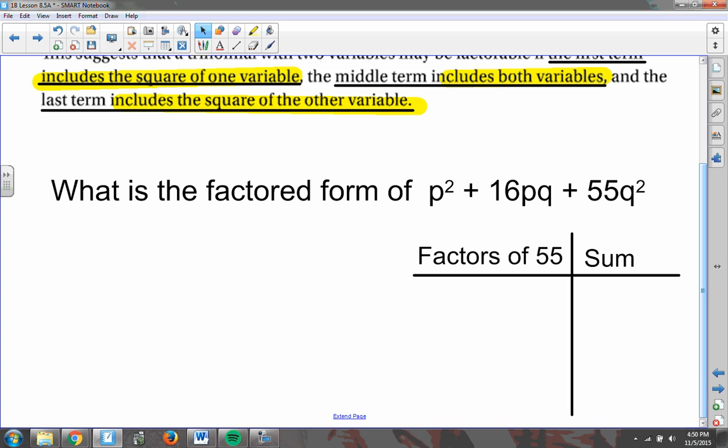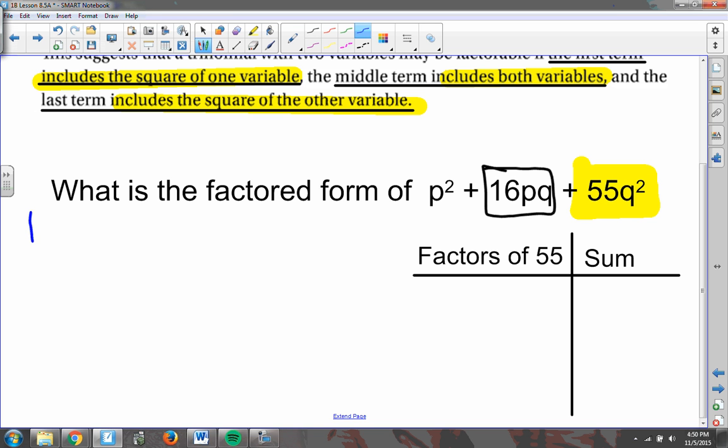What I need to do here, the same process that I've been doing on the last page, is look at this number here, my 55q squared, and this number here, my 16pq. Okay. I'm still just going to look at the numbers in front of them, not actually at the q's and p's.